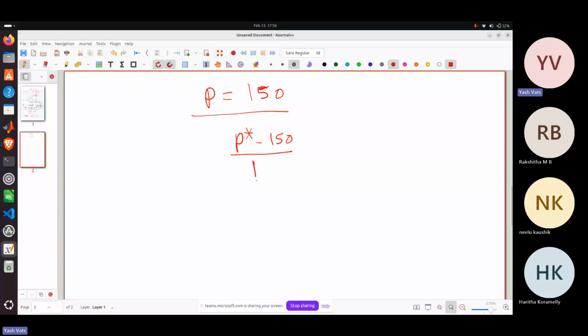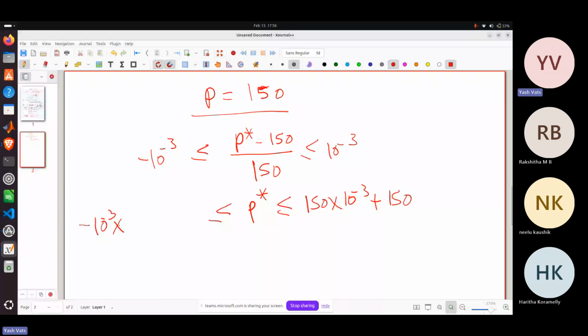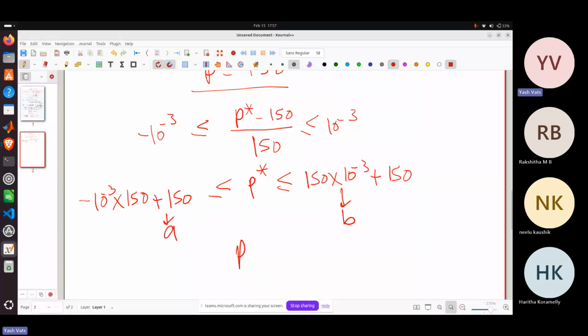Distributing it, you get 150 minus 150 into 10 to the power minus 3 up to 150 plus 150 into 10 to the power minus 3. So P star lies in this interval. If this is A and this is B, then P star belongs to the closed interval AB.